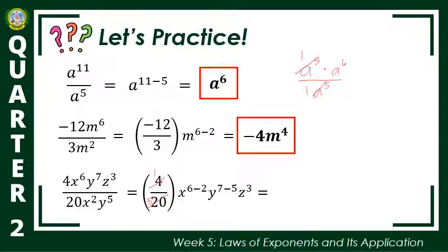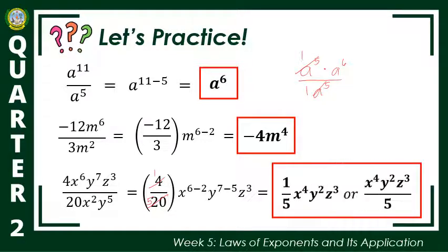And then simplifying the exponents, we will get 1/5 x raised to 4 y squared z cubed. So ito po pwede rin nating isulat as x raised to 4 y squared z cubed all over 5. So ito pong expression na to, minultiply na natin sa numerator na 1. So, maalin po sa dalawa, acceptable naman po yan parehas.